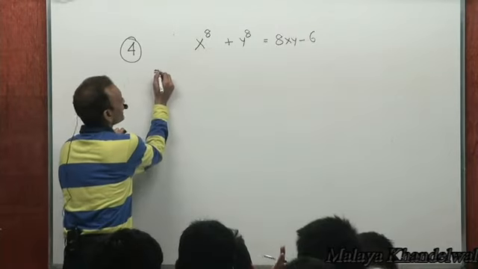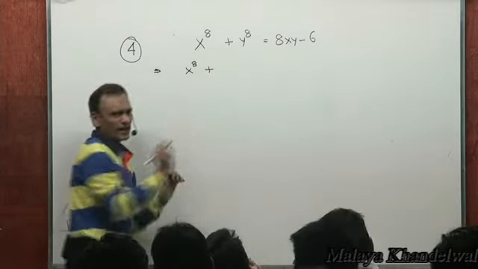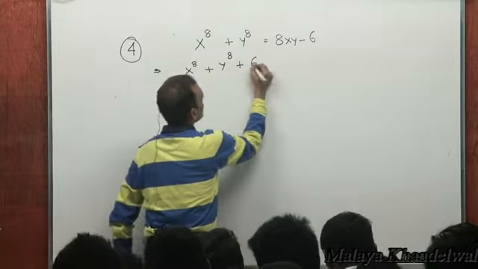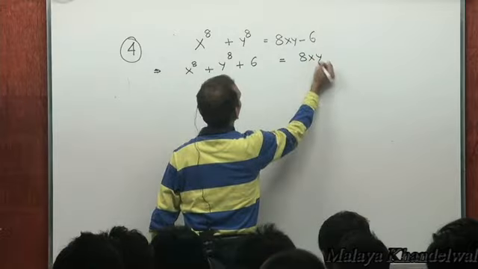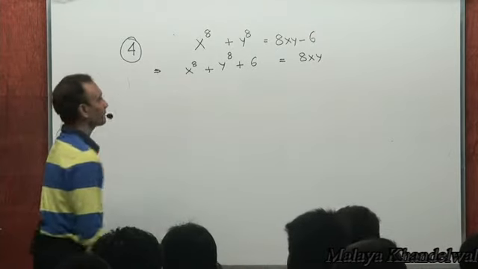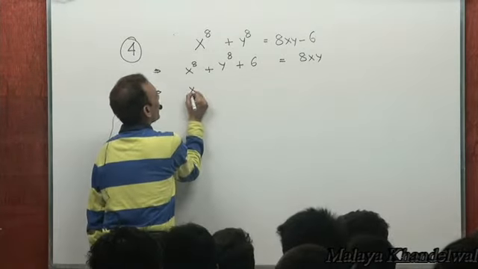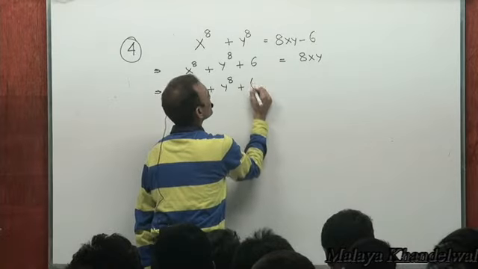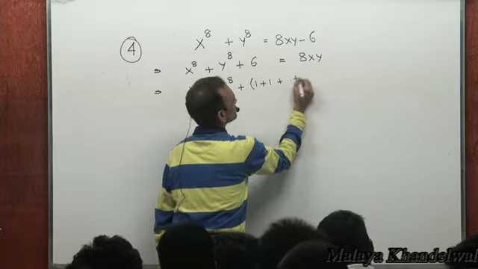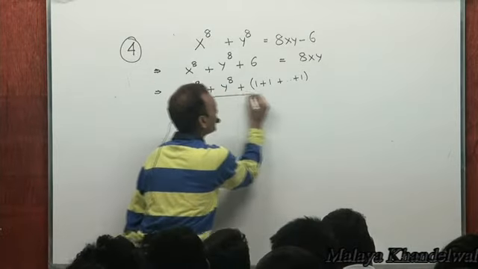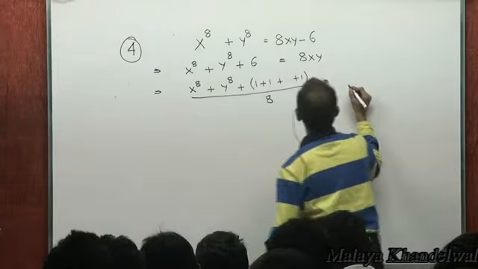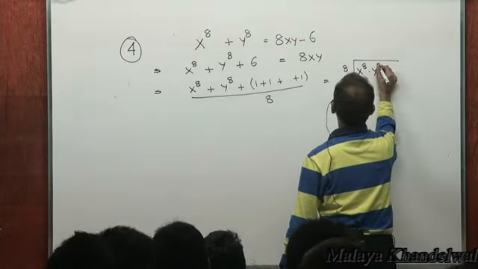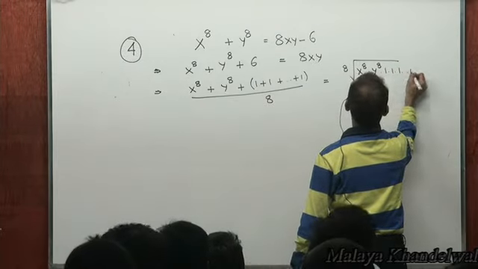Now this equation is like x to the power 8 plus y to the power 8 plus 6 equals 8xy, where x and y are positive real numbers, yes or no? This is like x^8, one number, y^8, another number, plus 6 ones, divided by 8, equals the 8th root of x^8 y^8 into 1 six times.